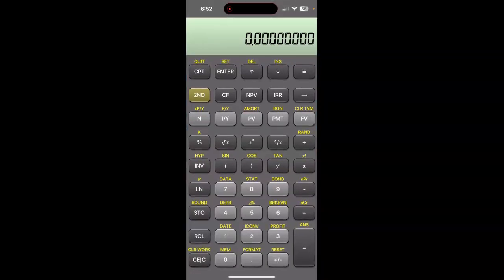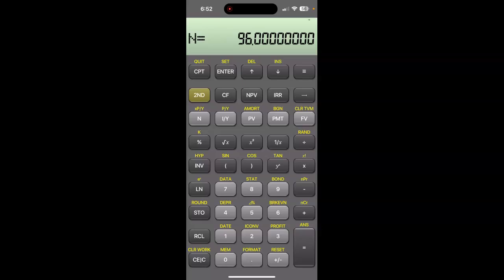So for this one, set the P over Y. P over Y is 12, C over Y is 12, and we have set the payment period and interest compounding period. Now N is 8 times 12, which is 96. I over Y we have to calculate.